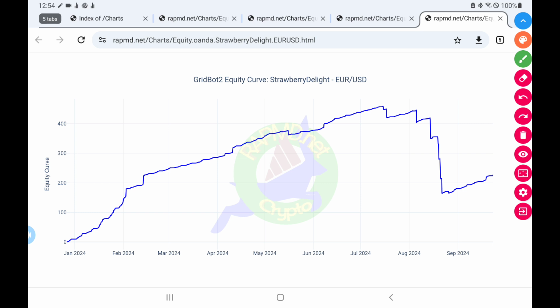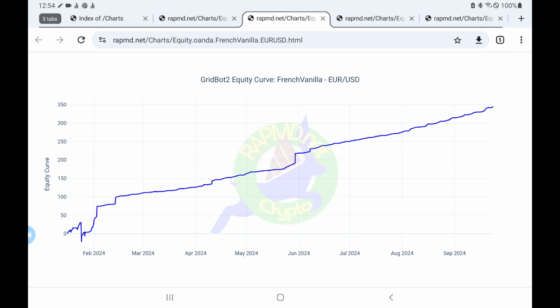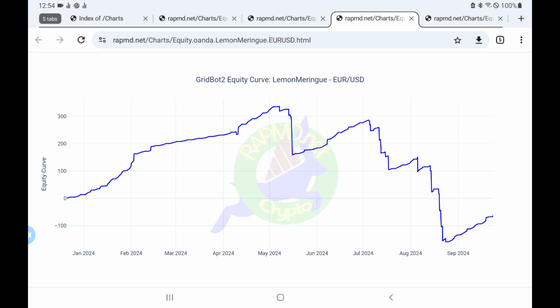If you want to be more defensive, like French vanilla, then you're going to get a long-term, very generous profit, even though those profits are reasonably not going to accumulate as quickly as a more aggressive approach. If you get too aggressive, you're going to lose a lot of money. Straight out bottom line, too much aggression is bad.